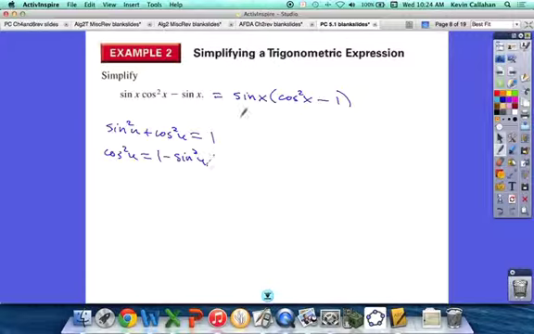So if I substitute here, sine x times 1 minus sine squared x minus 1. And then the 1 minus 1 cancels. And then what do you think is sine times sine squared? Sine to the third, right?